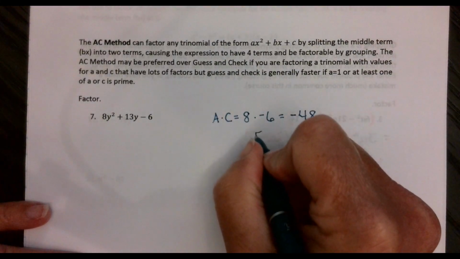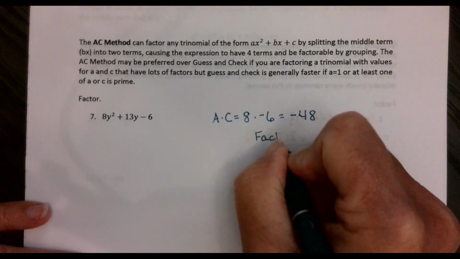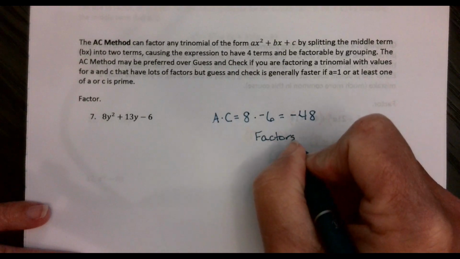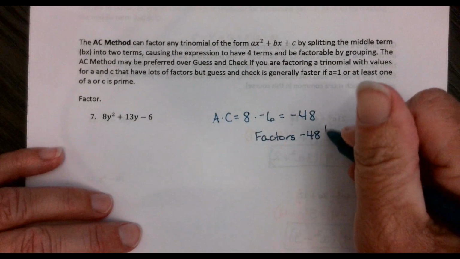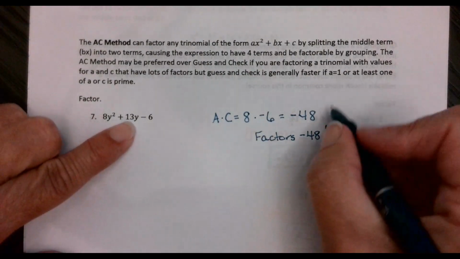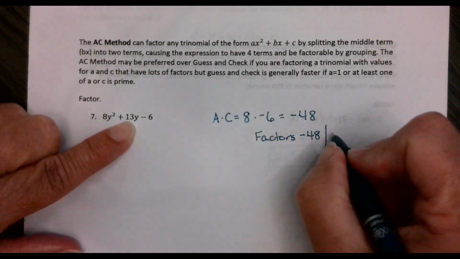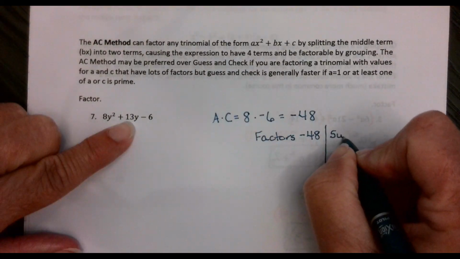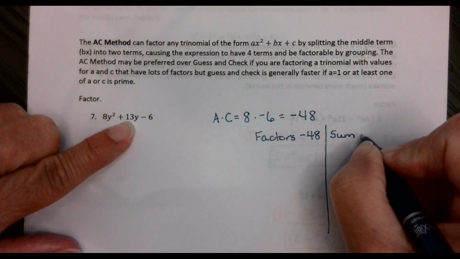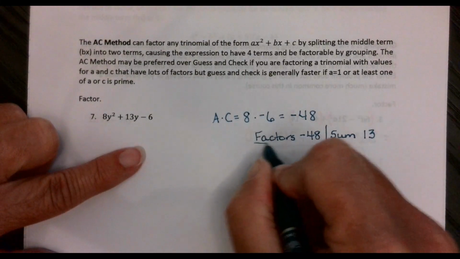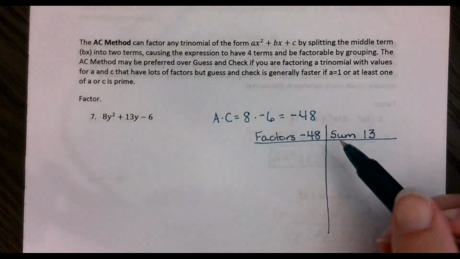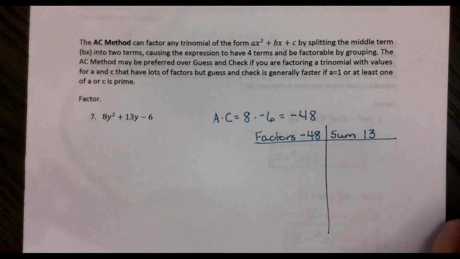Now, we need the factors, meaning multiplication, of negative 48 that add to our middle term. That add, or the sum, of 13. Okay. Now, I kind of go in a U shape on this.